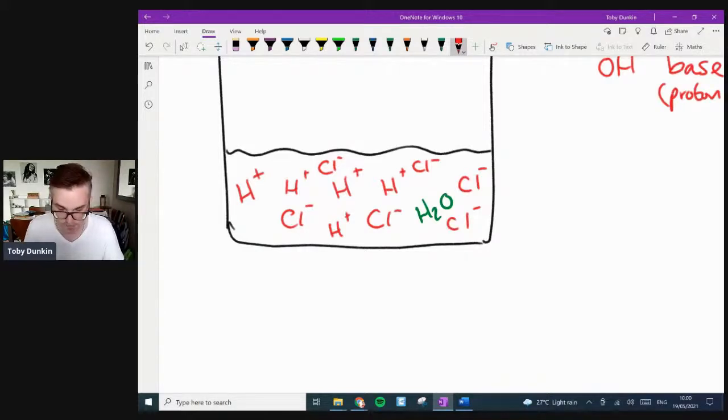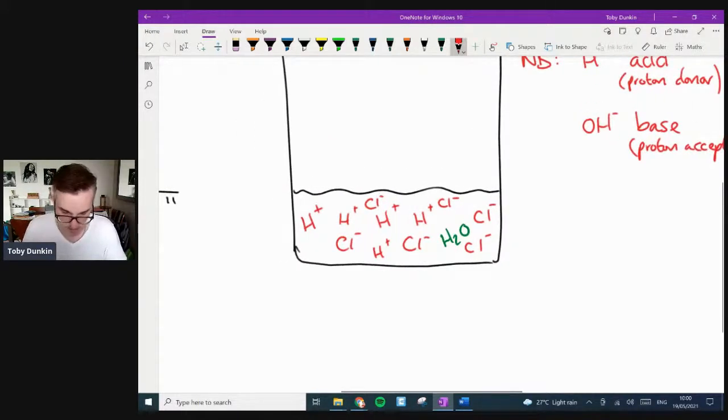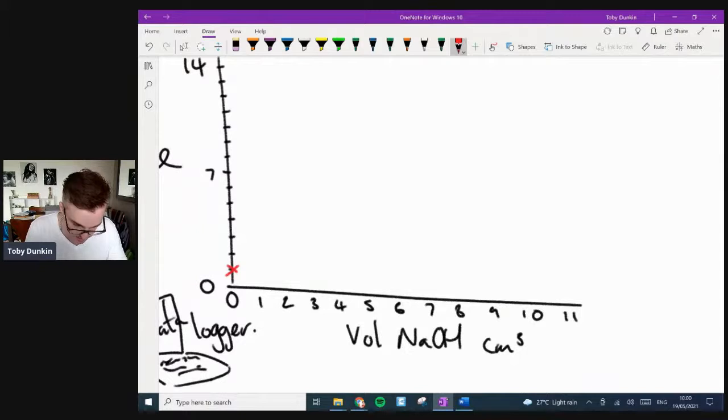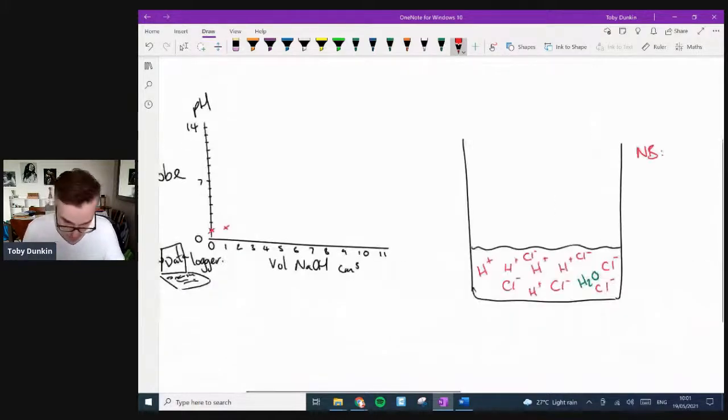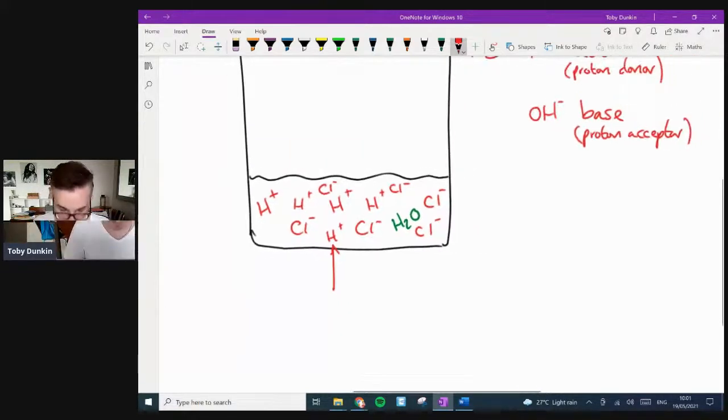There are still 5 of them left, which means it's still acid. So the pH is going to increase, but not by much, because I still have loads of H pluses there and the base is gone. It's been turned into water, and water doesn't have a huge bearing on pH changes. Changing a pH by dilution is incredibly difficult.